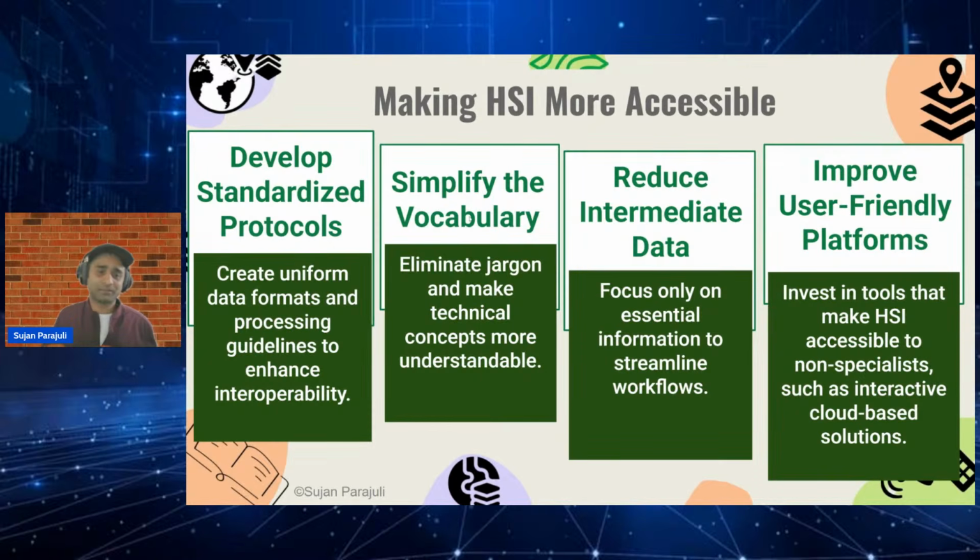We also have a lot of jargon and fancy words that we have to eliminate to make it understandable, reduce the intermediary data, and use user-friendly platforms, mostly open source and freely available, so that all people have access to it.